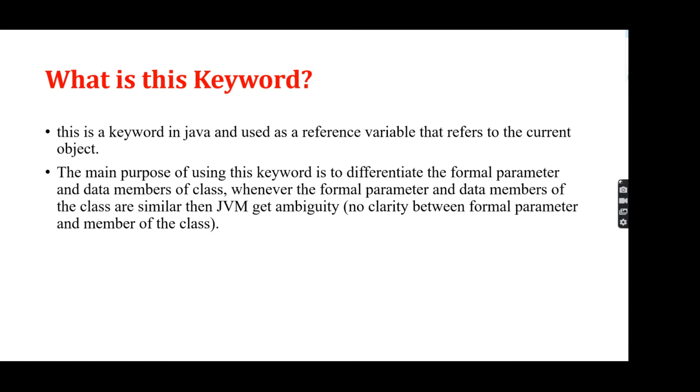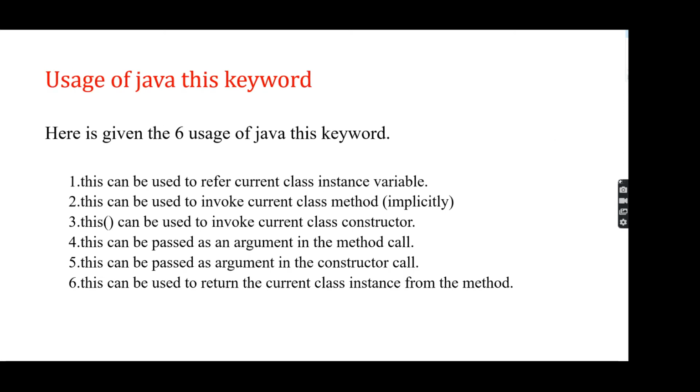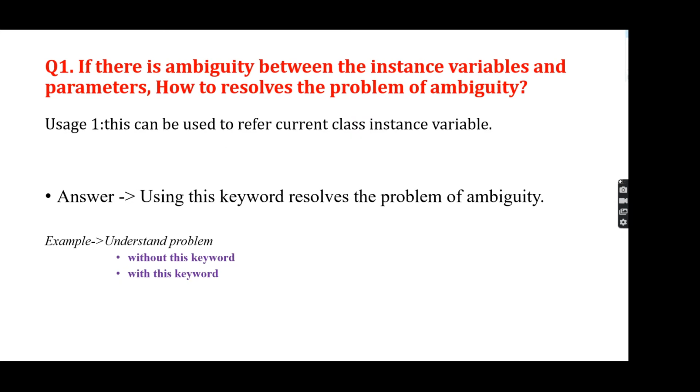Here this keyword does its work, distinguishing which is the instance variable and which is the formal argument. That time the programmer easily understands the specific variable, and the JVM will resolve the ambiguity error. So the usage of this keyword you will know very well by the end of the session.